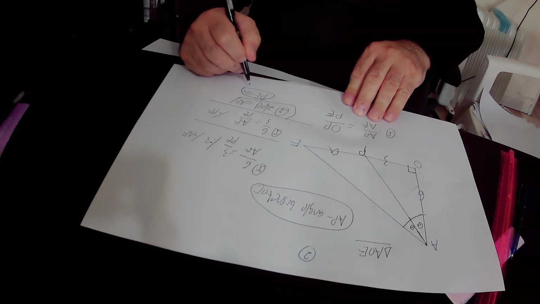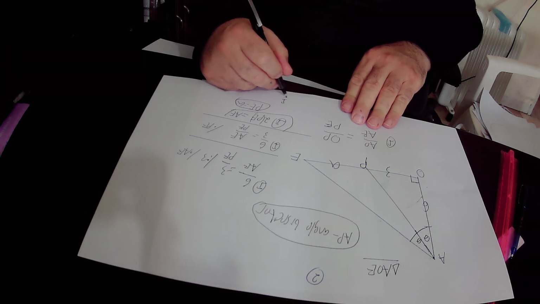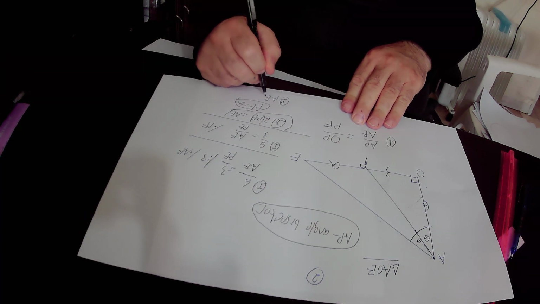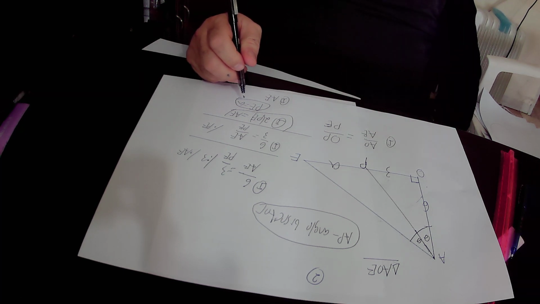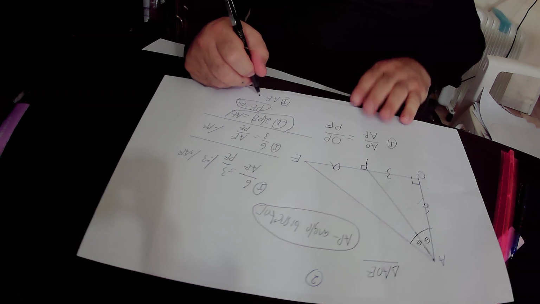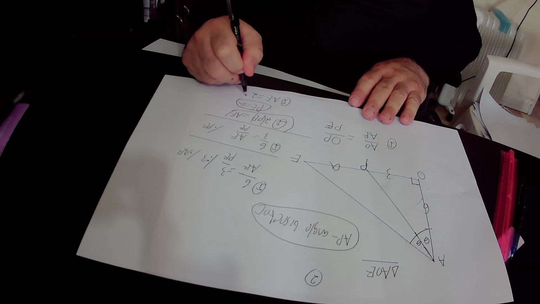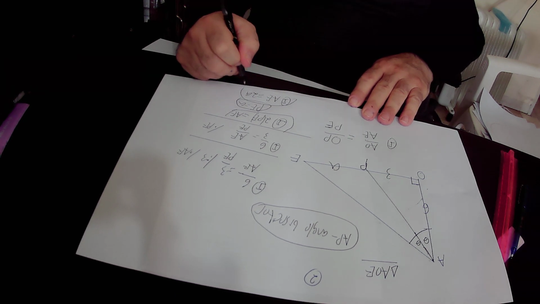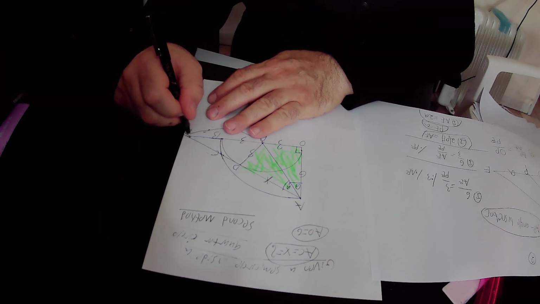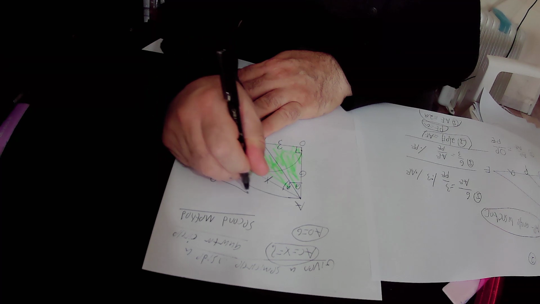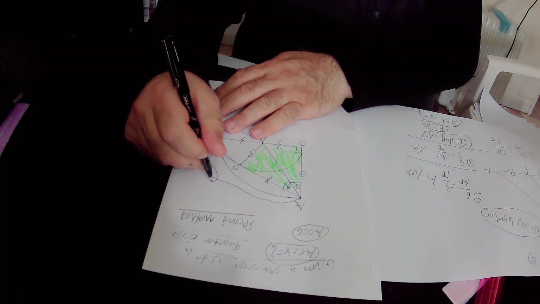So according to equation number 1, AE equals 2PE, but PE equals A, that is to say AE equals 2A. According to equation number 1, AE equals 2A.